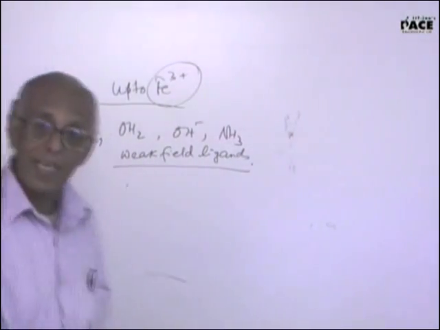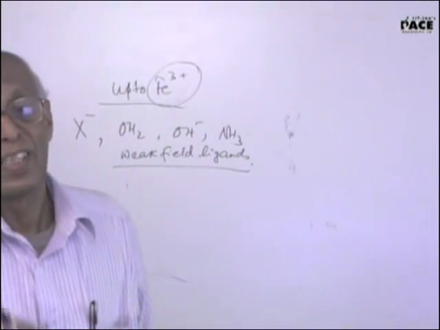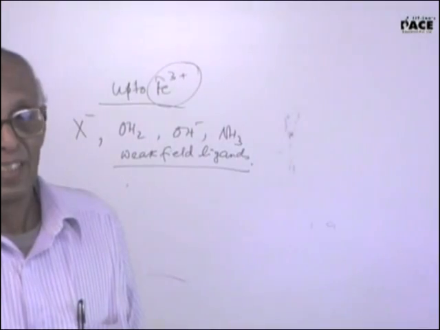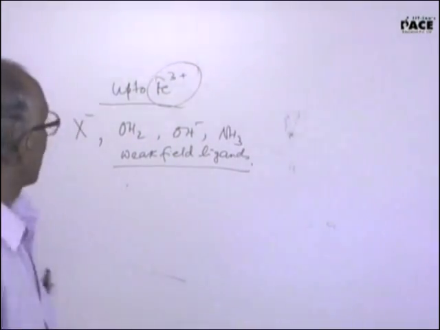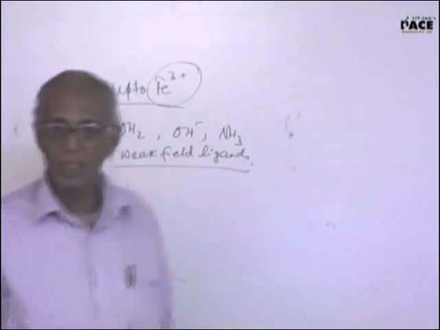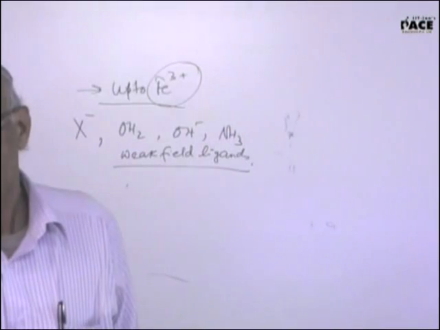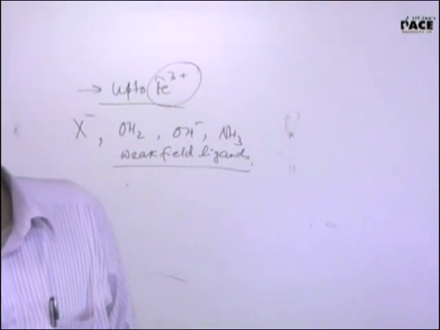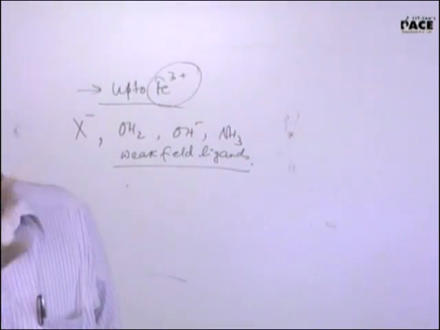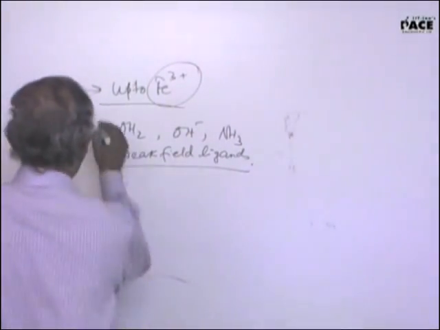They provide the pairing energy. That is why I said normally they are weak field ligands. Why normally? Because up to iron 3, they are weak field ligands. But to the right of ferric, for all metals in 3 oxidation state, these ligands will behave as strong field ligands, except the halide ion.